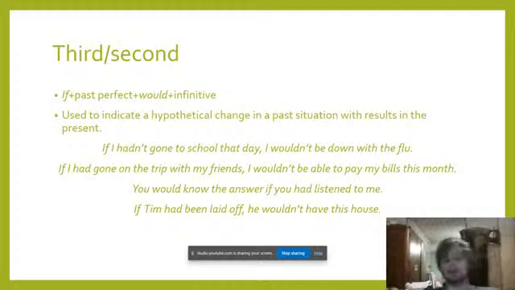And last but not least, if Tim had been laid off, he wouldn't have this house. Because we have this hypothetical situation that Tim most likely works at a company which had a case of severe layoffs. Tim actually survived those layoffs.